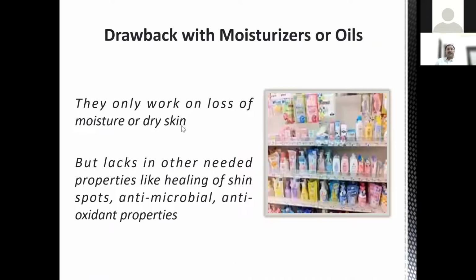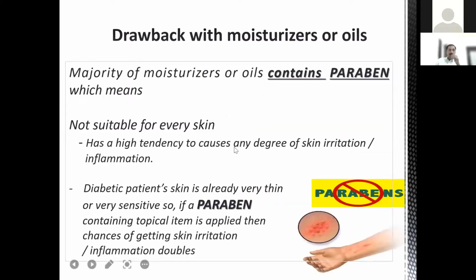But the drawback with moisturizers or oils is that they only work on the loss of moisture or dry skin, but they lack other properties like healing of the skin spots, antimicrobial, and antioxidant properties. And another drawback is that they contain paraben, which means it is not suitable for every skin.